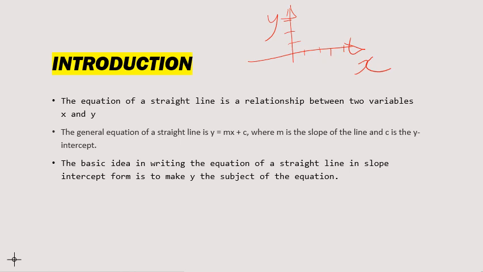So if you get a number on the x-axis and a number on y-axis, you have a point. So that's some sort of a relationship you can have with that structure.